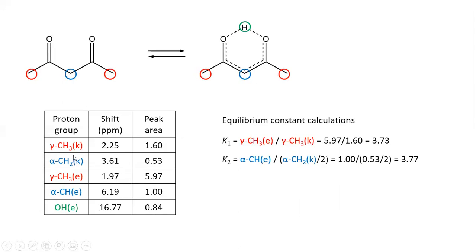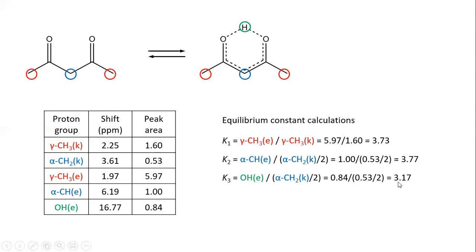Now, the last one is the OH of the enol and the CH2 of the ketone. And again, you have a difference in the number of protons, right? Here we have 2, here we have 1. So again, we need to take care of that when we calculate the equilibrium constant. So here we will have the area of the OH of the enol divided by half of the area of the CH2 of the ketone form.